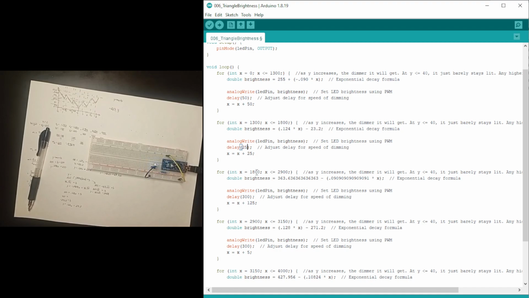But then the next one has a pretty, let's just do it half as much. And the decrease, let's make that 150.